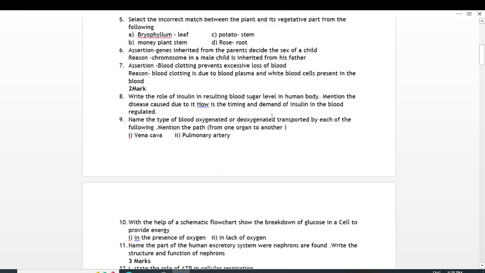And how is the timing and demand of insulin in the blood regulated? In this question you want to write about feedback mechanism. So feedback mechanism is nothing but the cells in our body, either in pancreas or anywhere, dictate when a particular hormone is released at a particular time.